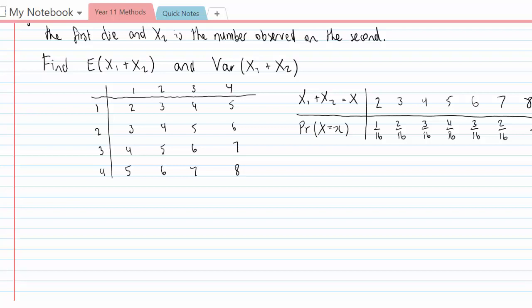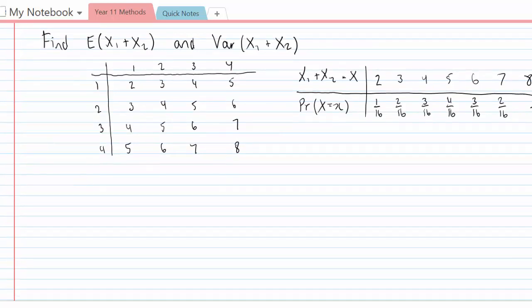Now, to do the expected value of x1 plus x2, we're going to use the rule that we had in methods.